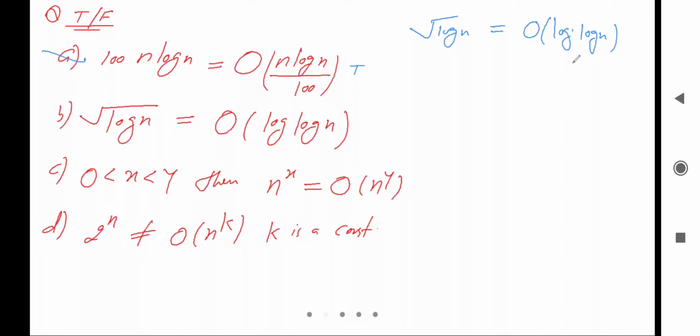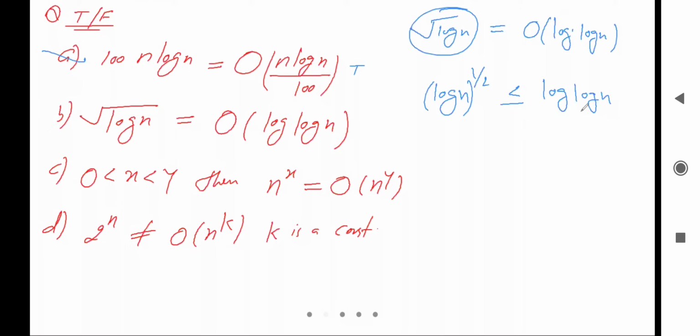Let's check. For this one it should satisfy the condition that f of n is less than or equal to c dot g of n. So root of log n can be written as log n to the power 1 by 2, and that should be less than or equal to log n. Okay, constant I have ignored.